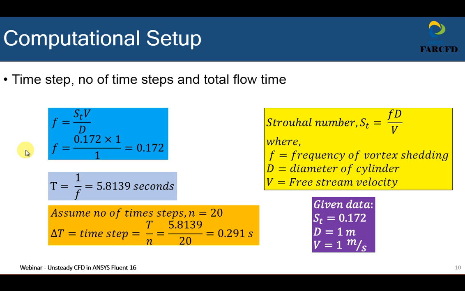For this particular case, we are interested in vortex shedding and drag, which is a function of vortex shedding frequency. From literature we found that vortex shedding depends on the Strouhal number, which is a function of the Reynolds number. For this Reynolds number the experimentally found Strouhal number is 0.172.